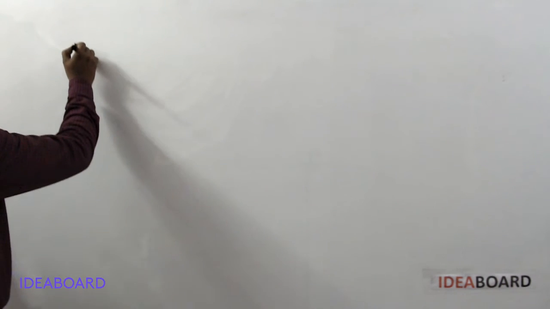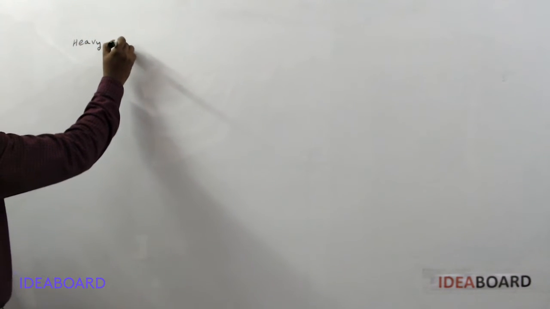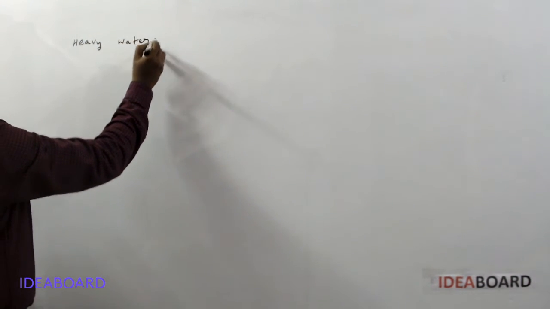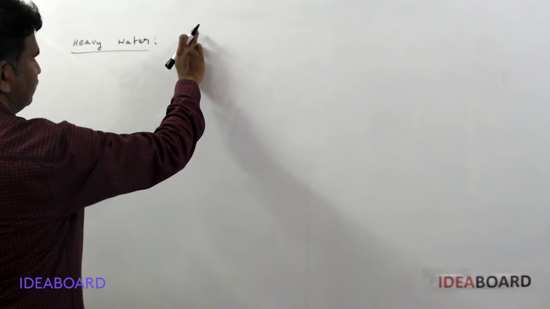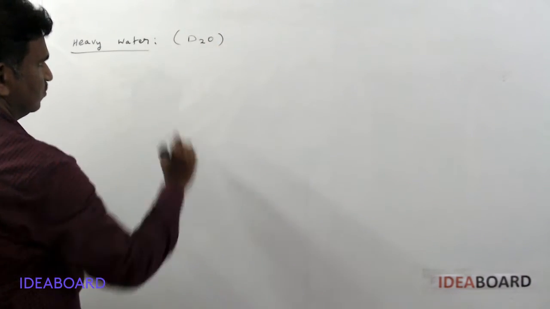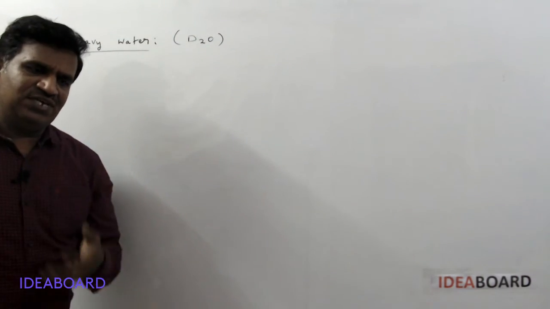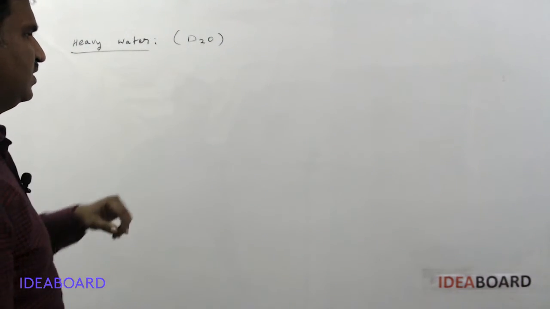Next one, heavy water. Heavy water means D2O, like H2O, we have D2O. Ordinary hydrogen, heavy hydrogen, like heavy water and ordinary water. Heavy water means D2O.